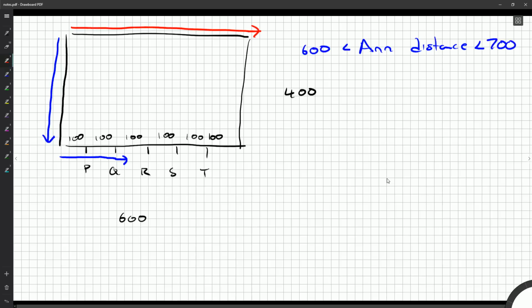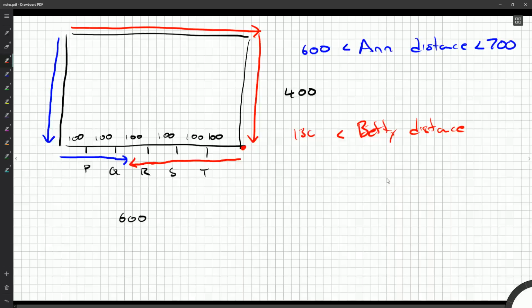Betty goes 600, then 400, and then back by 100, 200, at least 300, but no more than 400. So Betty's distance: 1,000 to get to the corner, then 100, 200, 300. So at least 1,300, at most 1,400. Okay, so we've got some bounds on their distances.